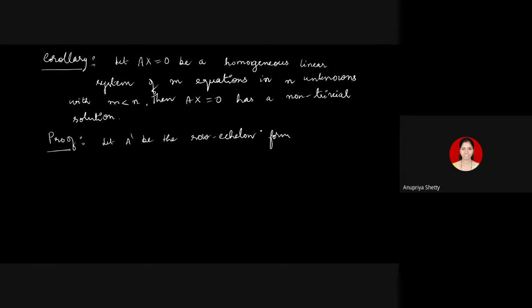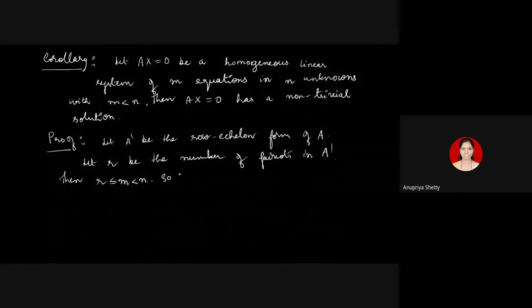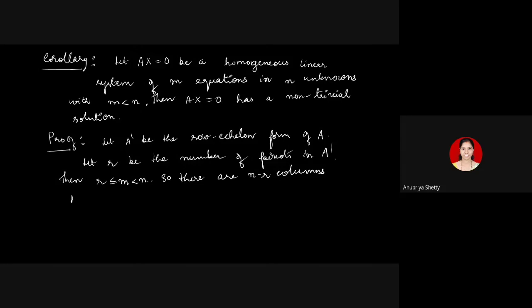Then you mention let A dash be the row echelon form of A. Let R be the number of pivots in A dash. Then, as we discussed already, R is less than or equal to M, which is strictly less than N. So, there are N minus R columns having no pivot.